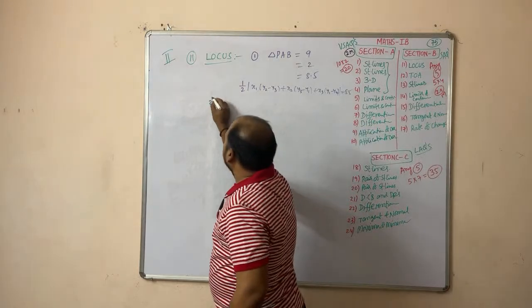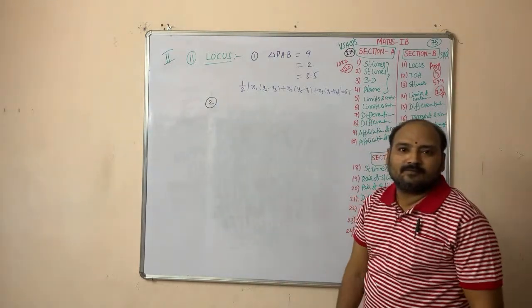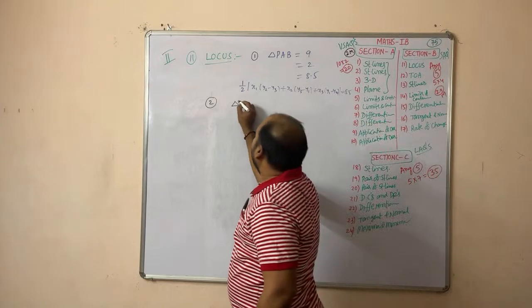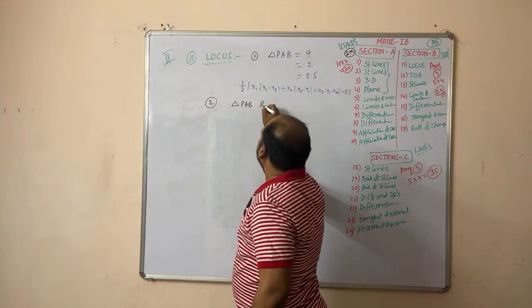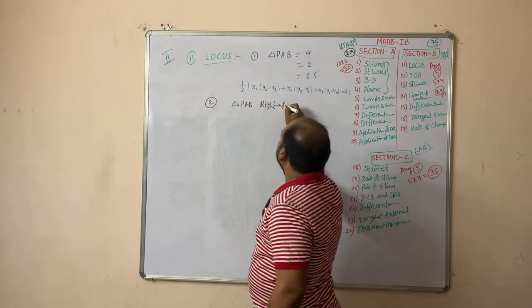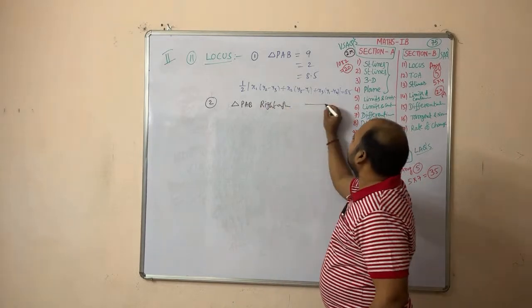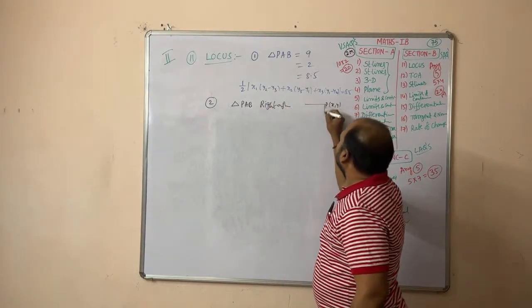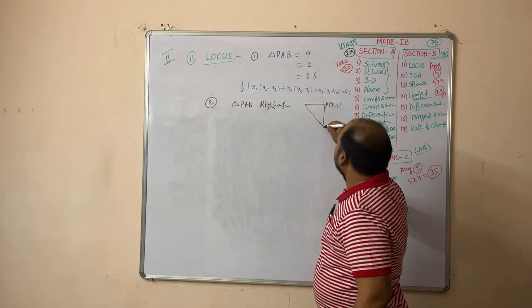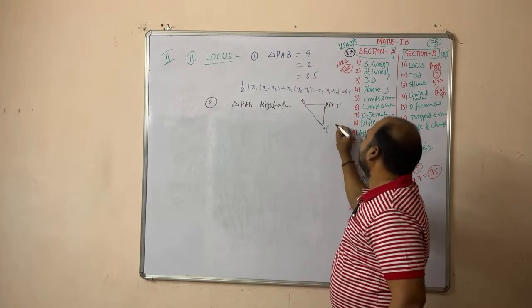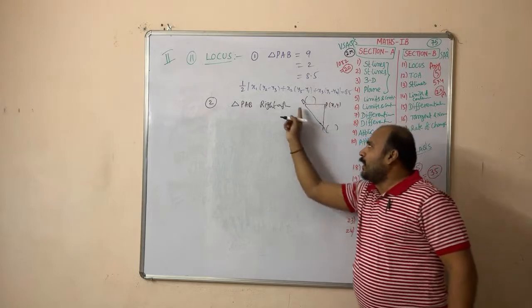Second possibility, right angled triangle. Triangle PAB is right angled. Point P is here, and A, B are the end points of the hypotenuse.